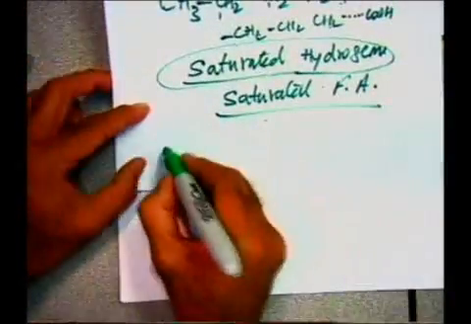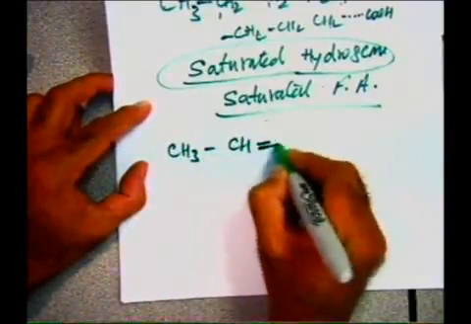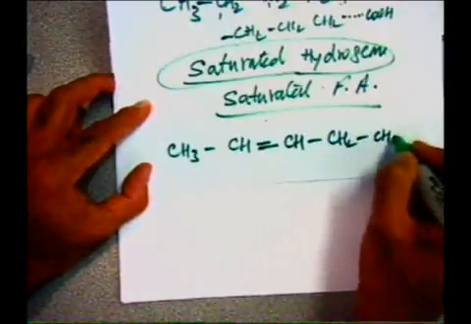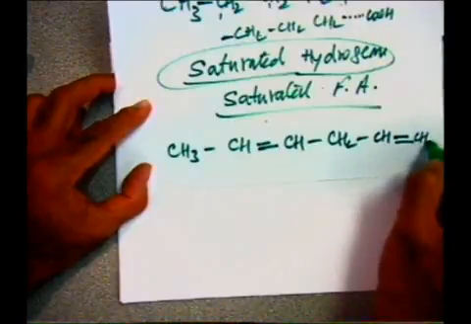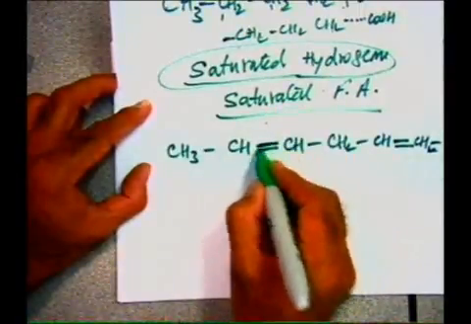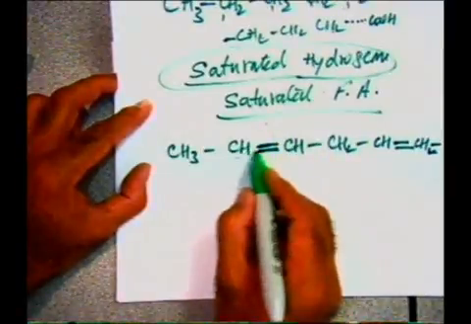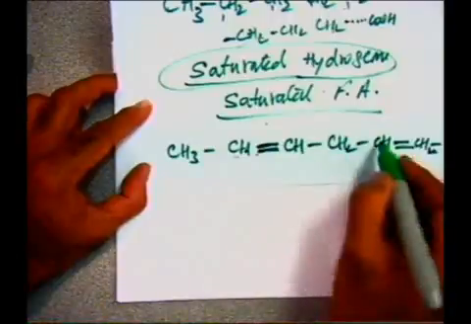Suppose you have another version like CH3, CH, double bond, CH, CH2, then CH like that, and then a double bond, CH2, CH, and then a single bond, CH2. So instead of 4 valencies, you have only 3 bonded with other atoms, 1 hydrogen, but another valency is bonded.